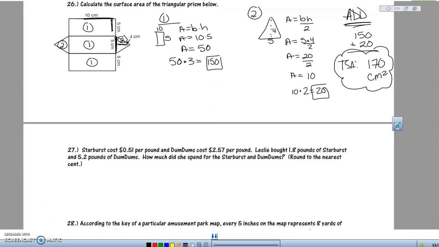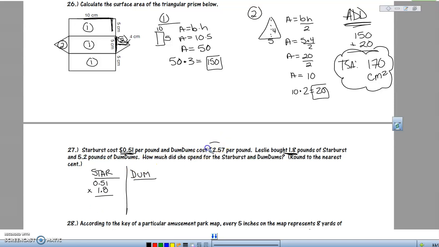Okay, next one. So to start, we're going to put our Starburst down and our Dum Dums. Now Starbursts are 51 cents and we're buying 1.8 pounds. So since we're buying multiple pounds, we are going to multiply.